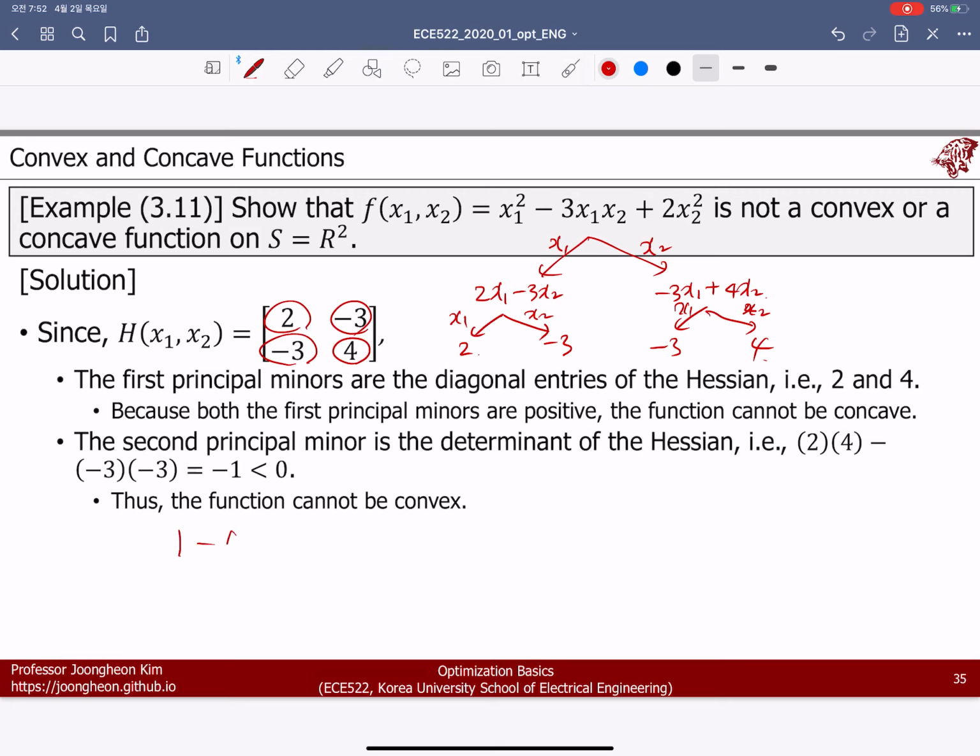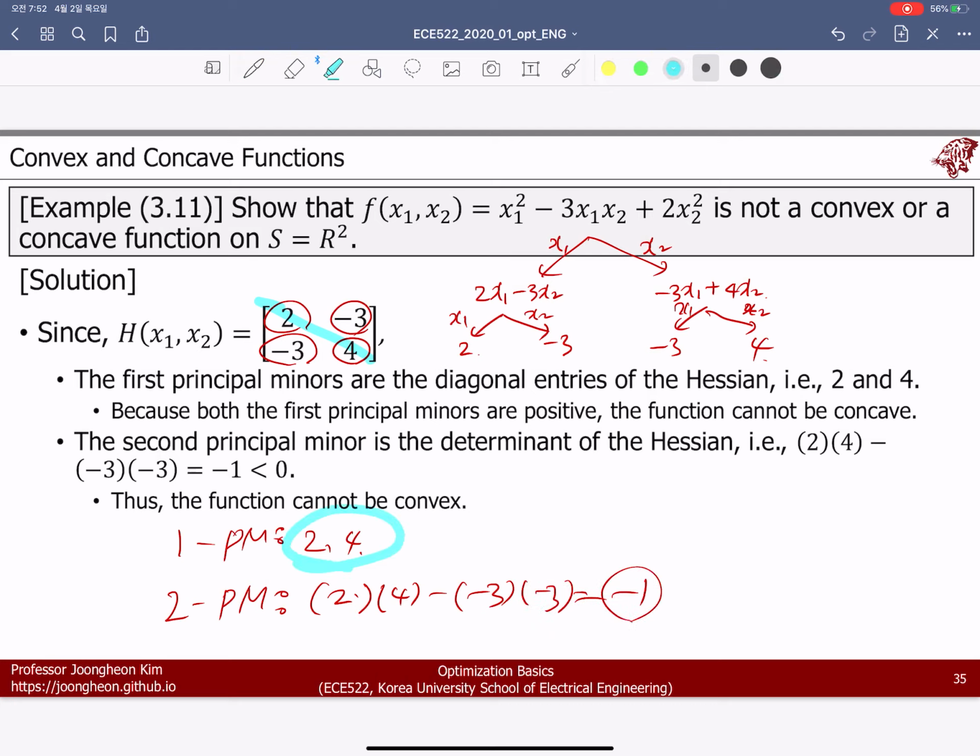So we have to take the first order principal minor. In that case, we take the diagonal entries. That's why it becomes 2 and 4. When you calculate the second order principal minor, it becomes 2 times 4 minus 9, which is minus 1. So the first order minors are all positive. If this function is convex, the minors should be positive or non-negative, but this one is negative.